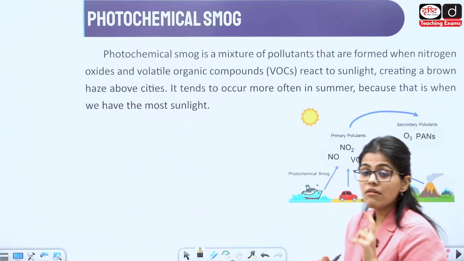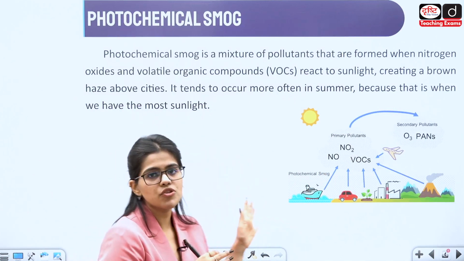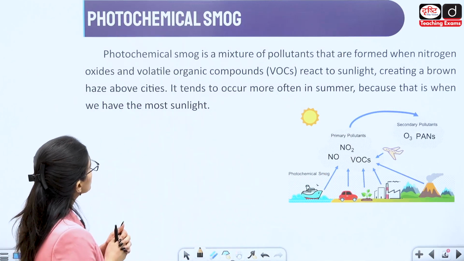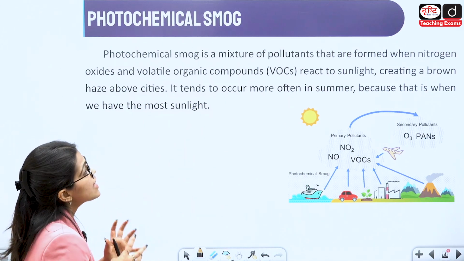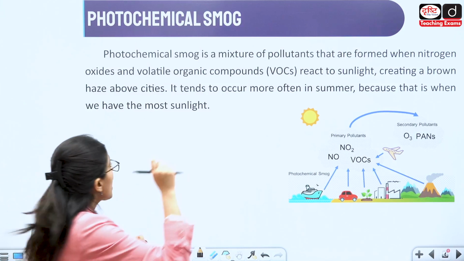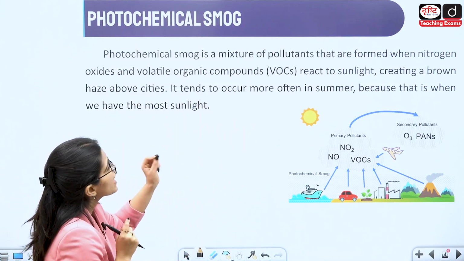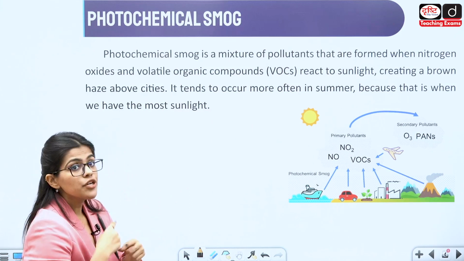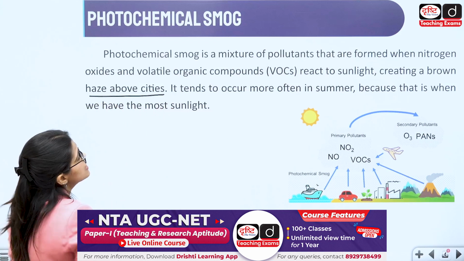First, we will go into greater detail on photochemical smog because every time I see questions asked from this topic. Photochemical smog basically is a mixture of pollutants that are formed when nitrogen oxides and VOCs, that is the volatile organic compounds, react to the sunlight, creating a brown haze above the cities.